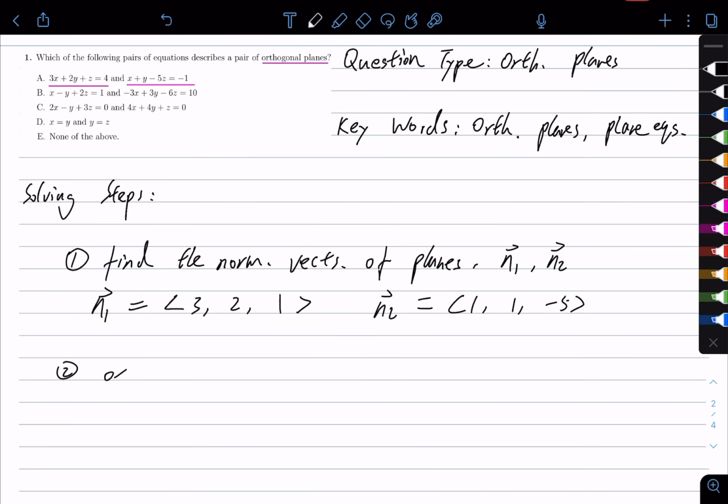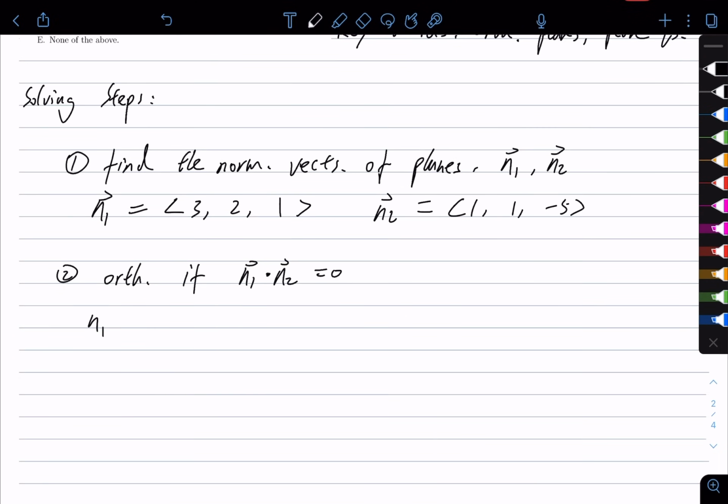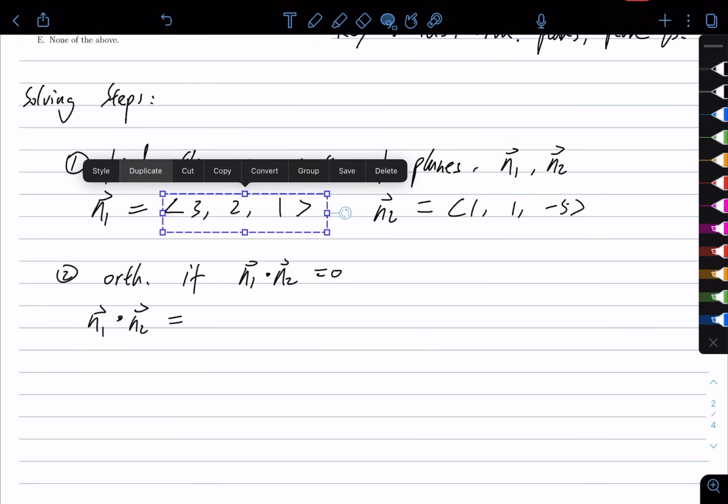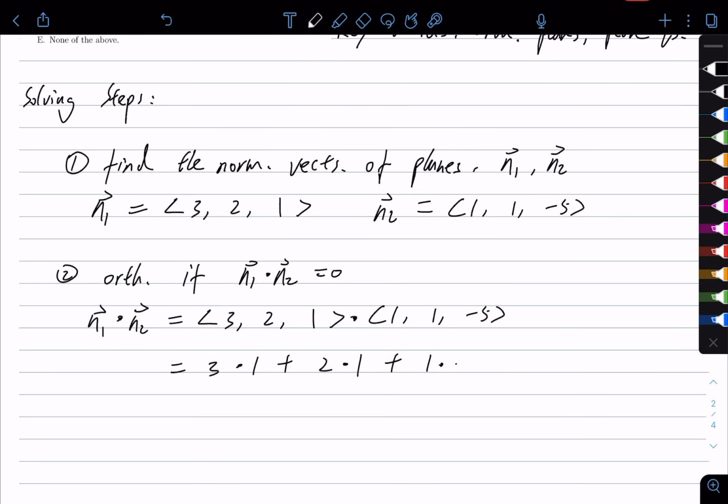Orthogonal if n1 dotted with n2 equals 0. So let's take this dot product. n1 dot n2 equals, I'm just going to copy and paste right here, 3 times 1 plus 2 times 1 plus 1 times negative 5.